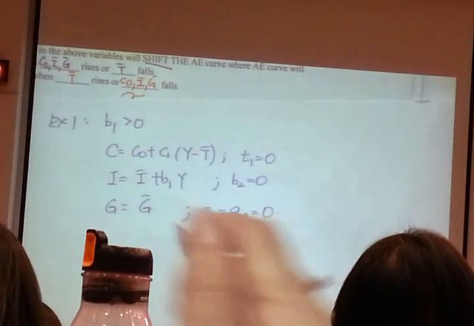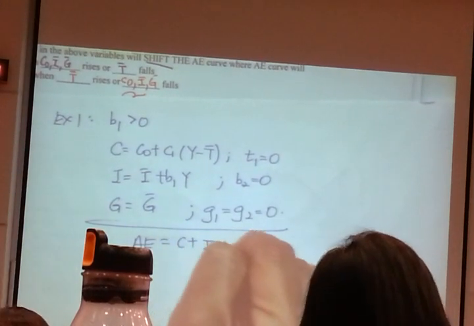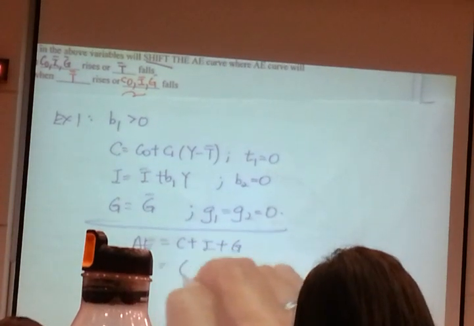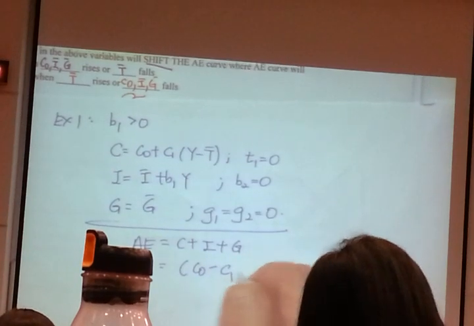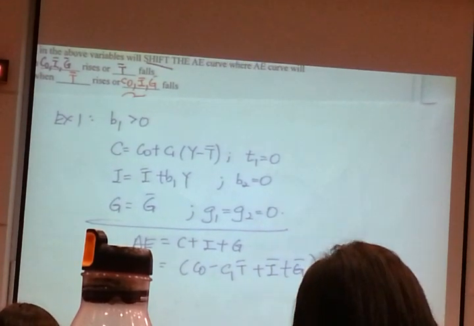So in this case, we need to find our AE, C plus I plus G. Same thing, we add everything together, and we will always add the constant, which is C0 minus C1 T bar plus I bar plus G bar.